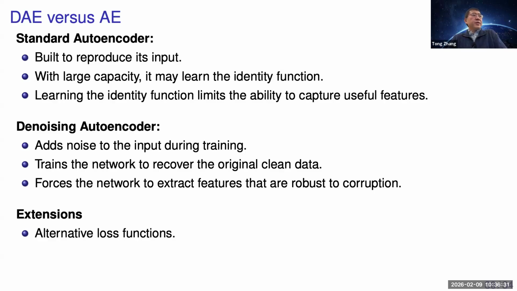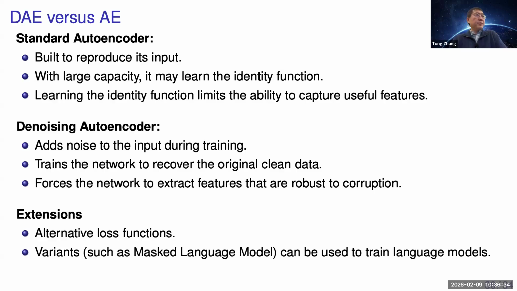You can do alternative loss functions. You can also do variants, which are actually used. The masked language model is something very interesting that is very closely related to the denoising autoencoder. This is pretty important for representation learning. The first demonstration of unsupervised representation learning, probably through this, is called BERT.